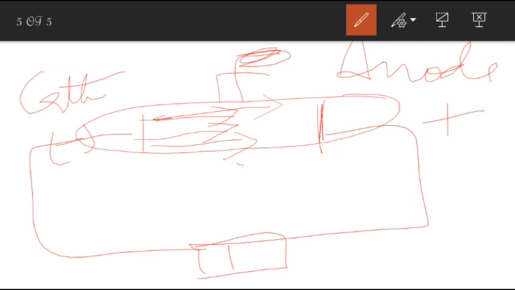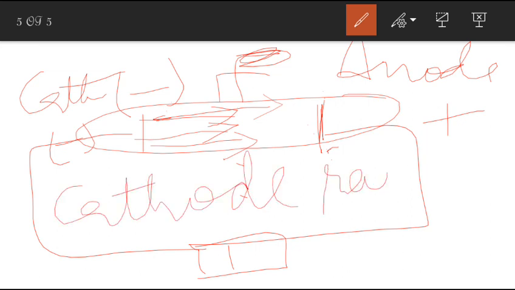These were created at the negative terminal, and they fall on this positive terminal. That is why these rays were called cathode rays, because they were produced at the cathode. So this was the discovery of cathode rays.